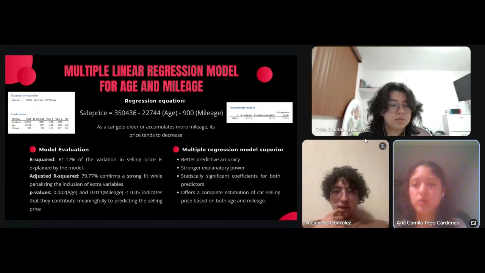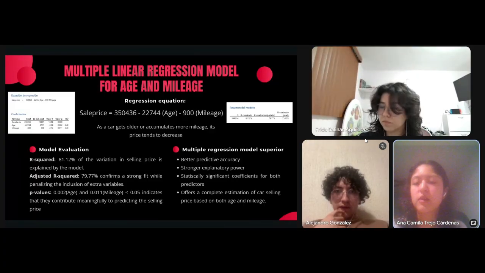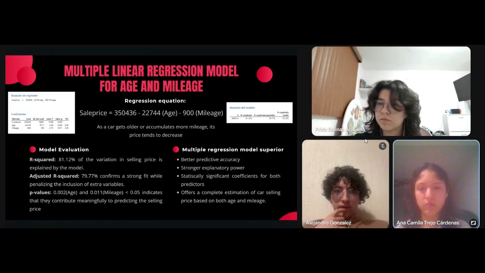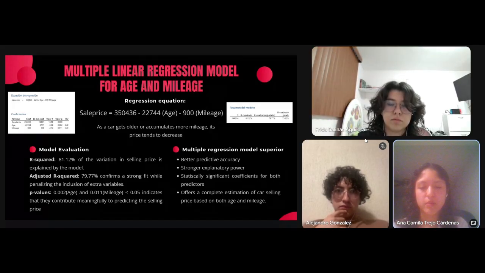Also, the p-values were less than 0.05, which indicates that they contribute meaningfully to predicting the selling price. And we conclude that this multiple regression model was superior because it has better predictive accuracy and stronger explanatory power.